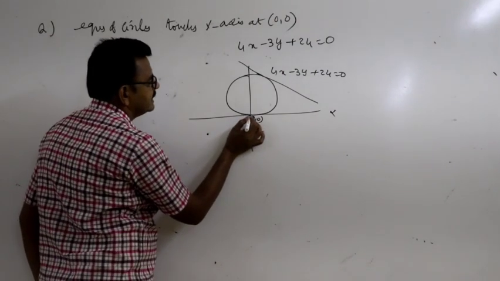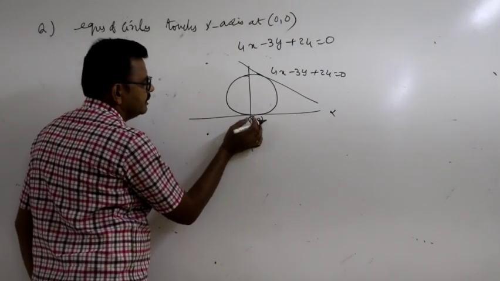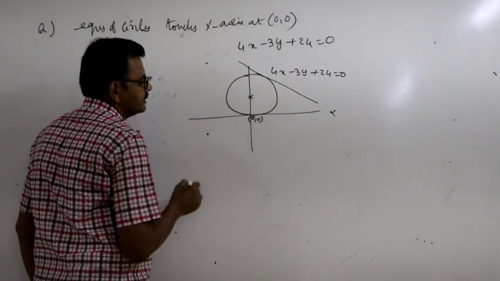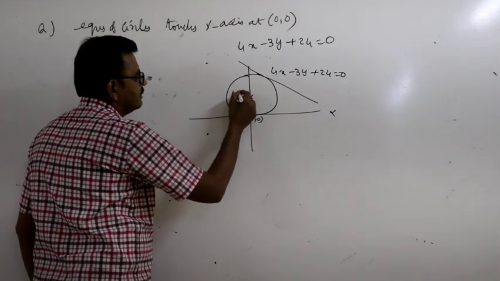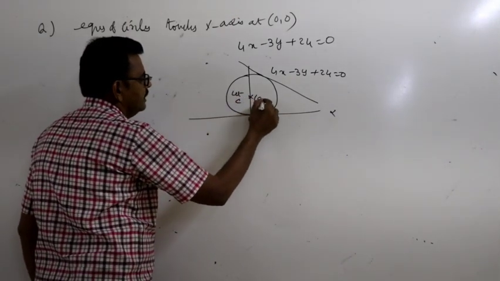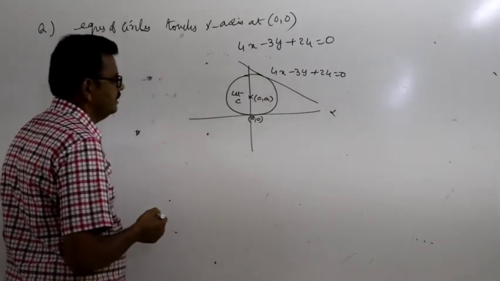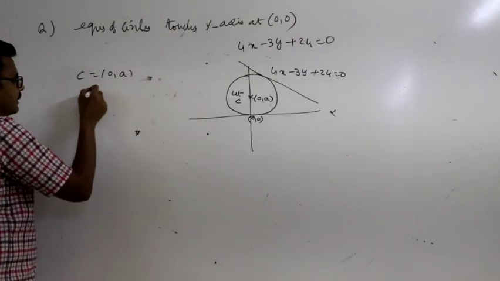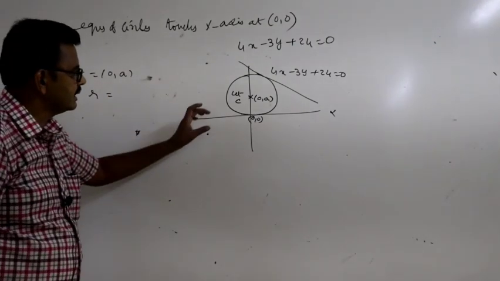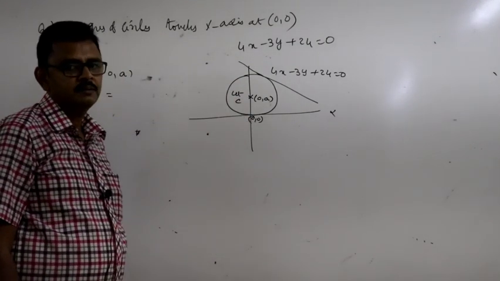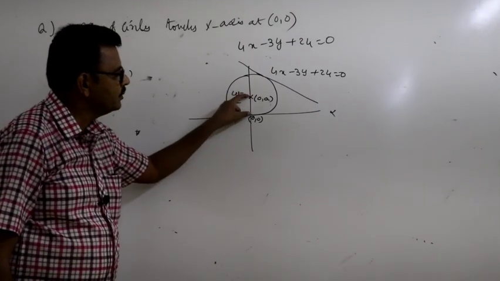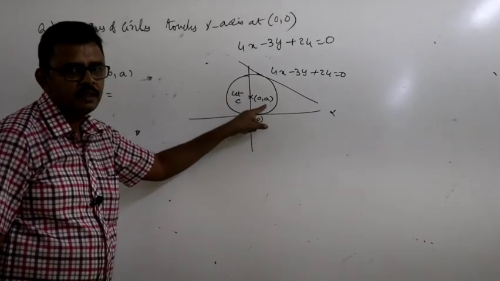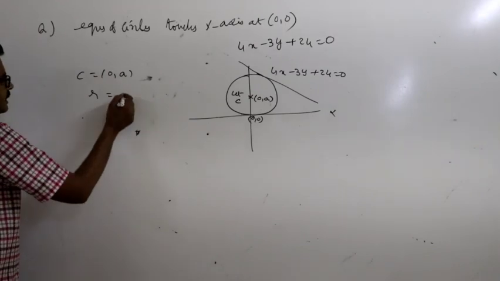The circle touches the x-axis at 0, 0, which implies the center lies on the y-axis. Let the center of the circle be 0, a. If the circle touches the x-axis, radius is equal to the y coordinate of the center, that is a.